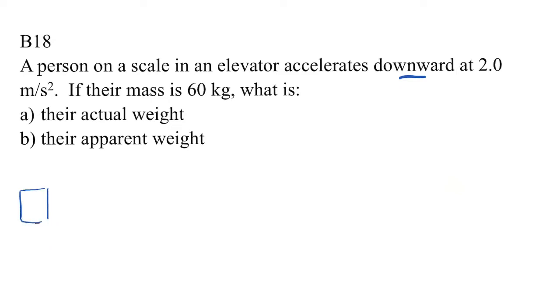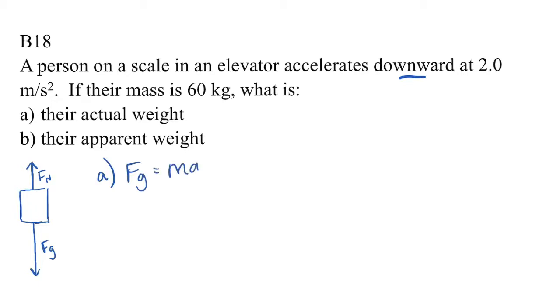So let's start with a free body diagram, as we always do. If they are accelerating downwards, remember that means their downwards force should be greater than their upwards force. Of course, the downward force is force of gravity, and the upwards force here is normal force as they are standing on a surface. So actual weight, that's just how much does gravity push you down to the earth.